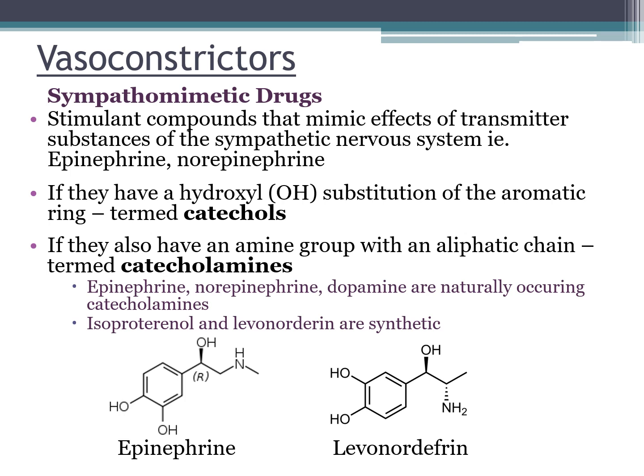If they have a hydroxyl substitution of the aromatic ring, they are termed catechols. If they also have an amine group with an aliphatic chain, they are termed catecholamines. Epinephrine, norepinephrine and dopamine are naturally occurring catecholamines.